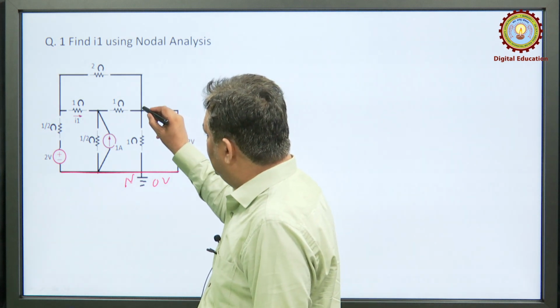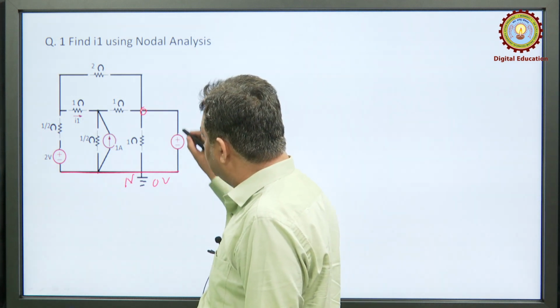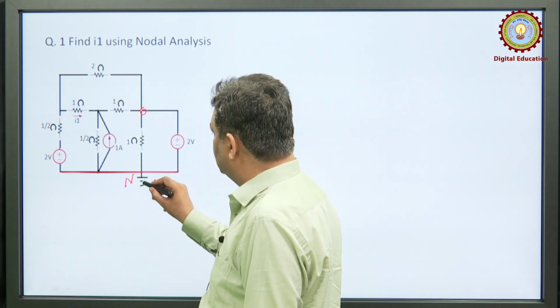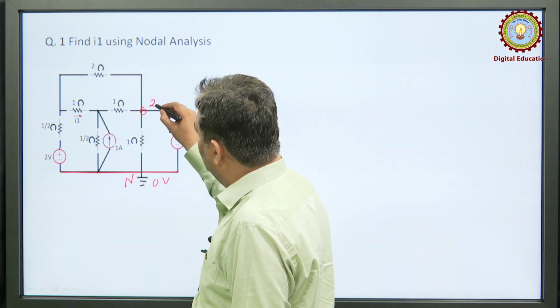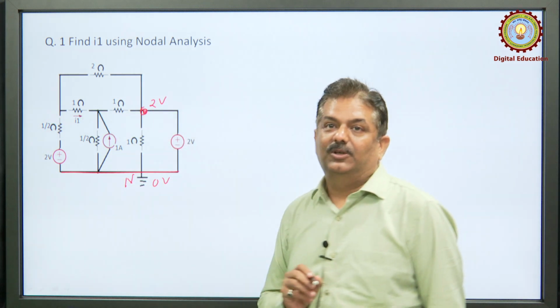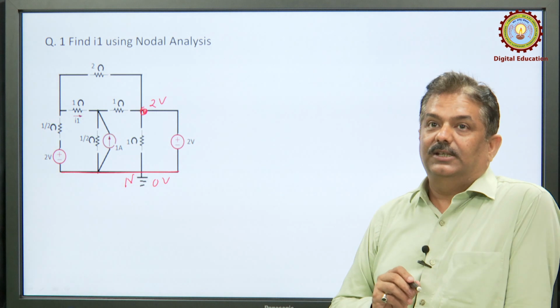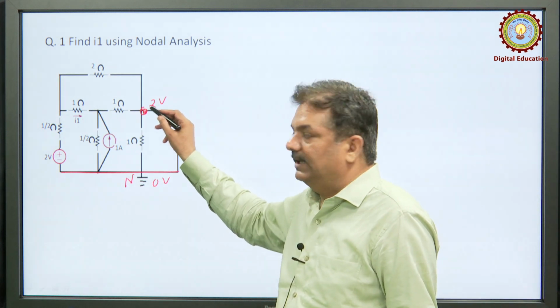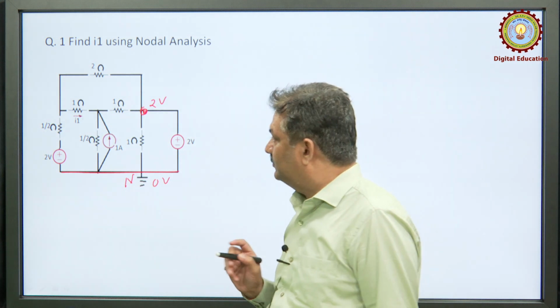Now, this will be another node, but its voltage is 2 volt, because there is a direct source connection between the datum and this node. So its voltage is known to us, that is 2 volt with reference to the datum, and it will not be an independent node. This will be treated as a simple node.